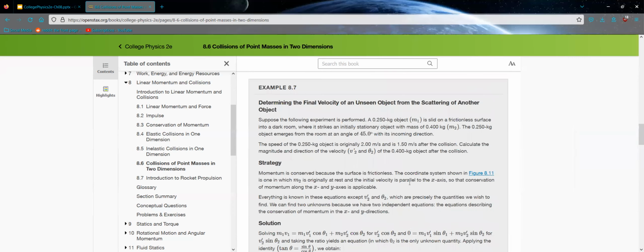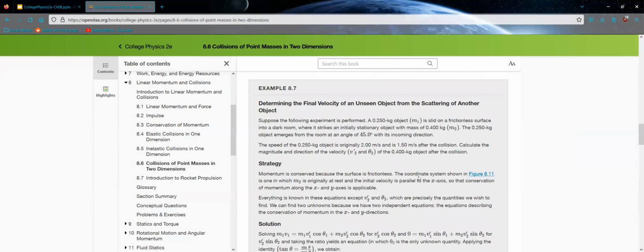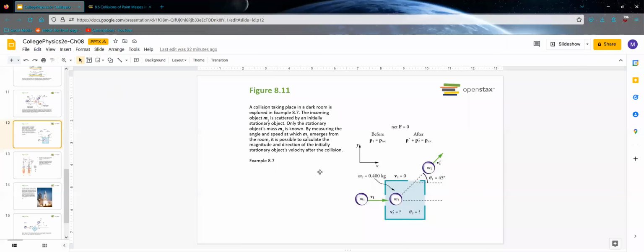Given the masses of the two objects, if object 1, the quarter kilogram, 250-gram object, goes in straight and comes out at a 45-degree angle, that's a 135-degree shift in its direction. Yeah, there we go. It's a 135-degree shift here, right?